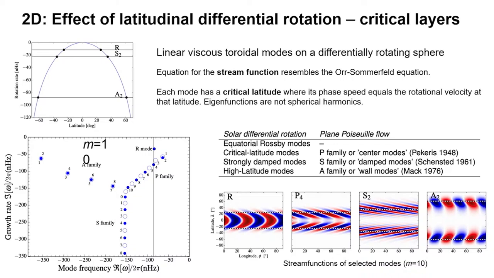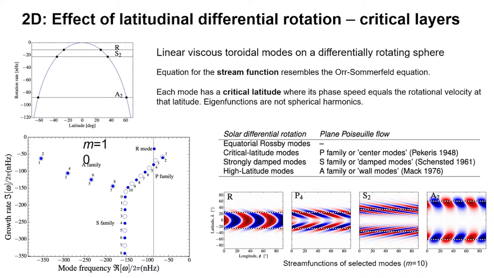And what we find is a very important feature, which are critical latitudes. Each mode, or almost all of them, has a critical latitude where its phase speed equals the rotational velocity at that latitude. And these critical latitudes really have a big effect on the eigenfunctions.